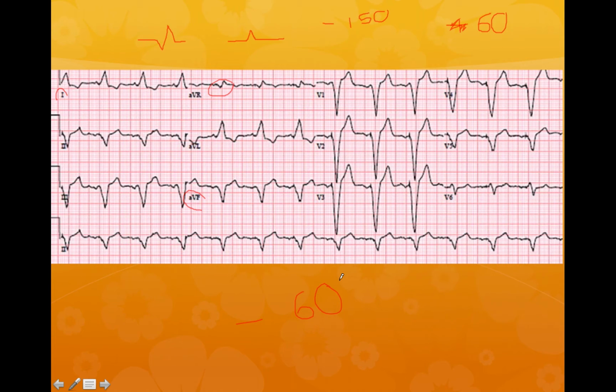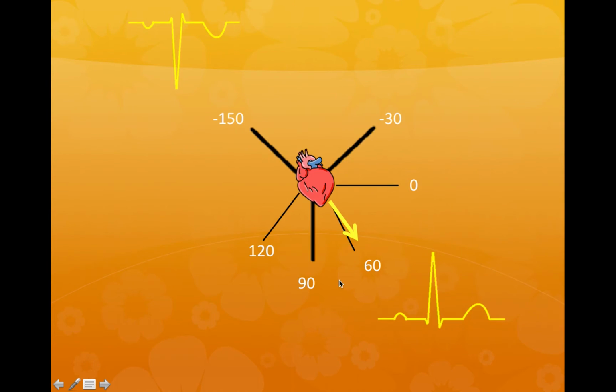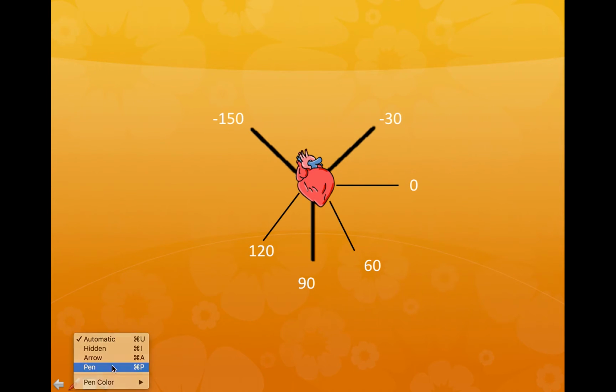I'm just going to illustrate that quickly again. So we have an isodiphasic wave at AVR over here. That means that the axis is going to be either over here in the direction of lead 3 at 120 or over here in the direction of AVL at minus 30.